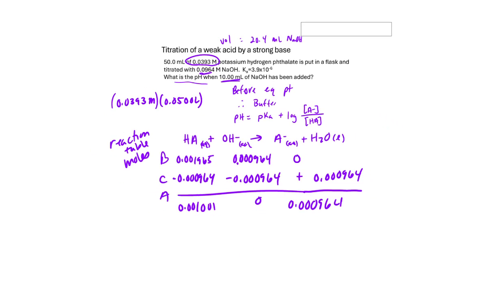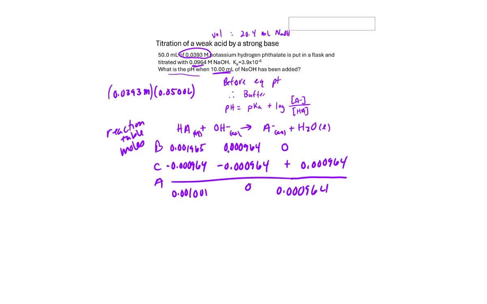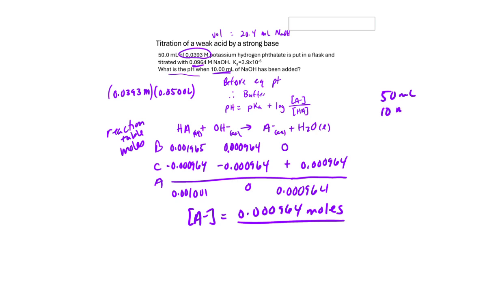In the Henderson-Hasselbalch equation, we use concentration. So to find the concentration of A minus, we're going to take 0.000964 moles, divide by the total volume. We started with 50 milliliters of the HA, the potassium hydrogen phthalate, and then we added 10 mL of the sodium hydroxide.